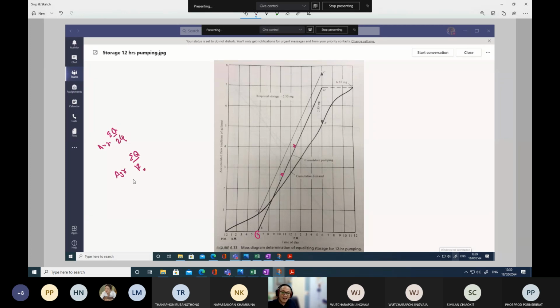So at each hour, the amount of flow will be different. The line becomes like this. This is the line for the cumulative pumping over 12 hours, but the demand is for 24 hours.